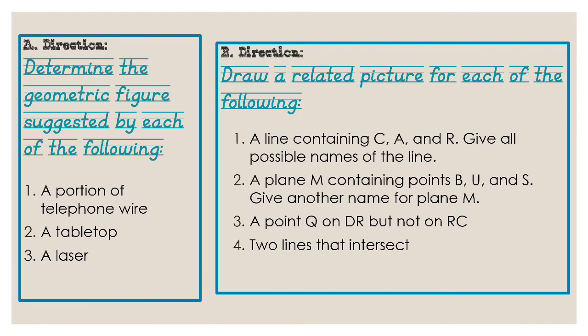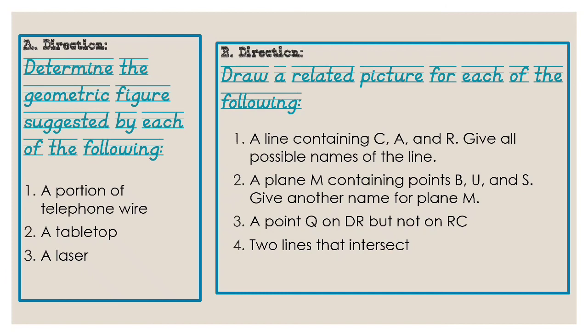Okay? So, we have 4 items here. The first one, you are going to draw a line containing C, A, and R, and then give all possible names of the line.